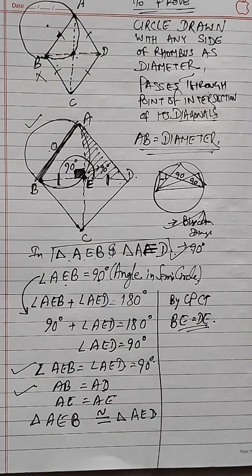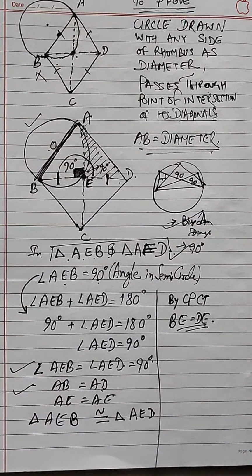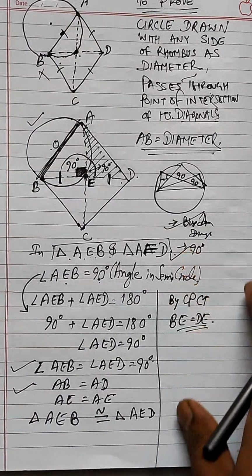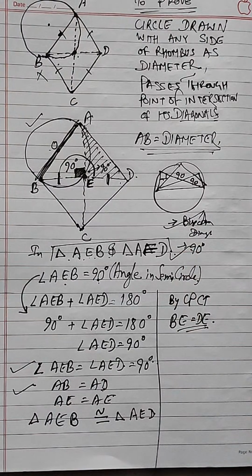Let me see what that was. Just a second. I have a few things with me just to explain to you. That is also a very good question of mensuration.